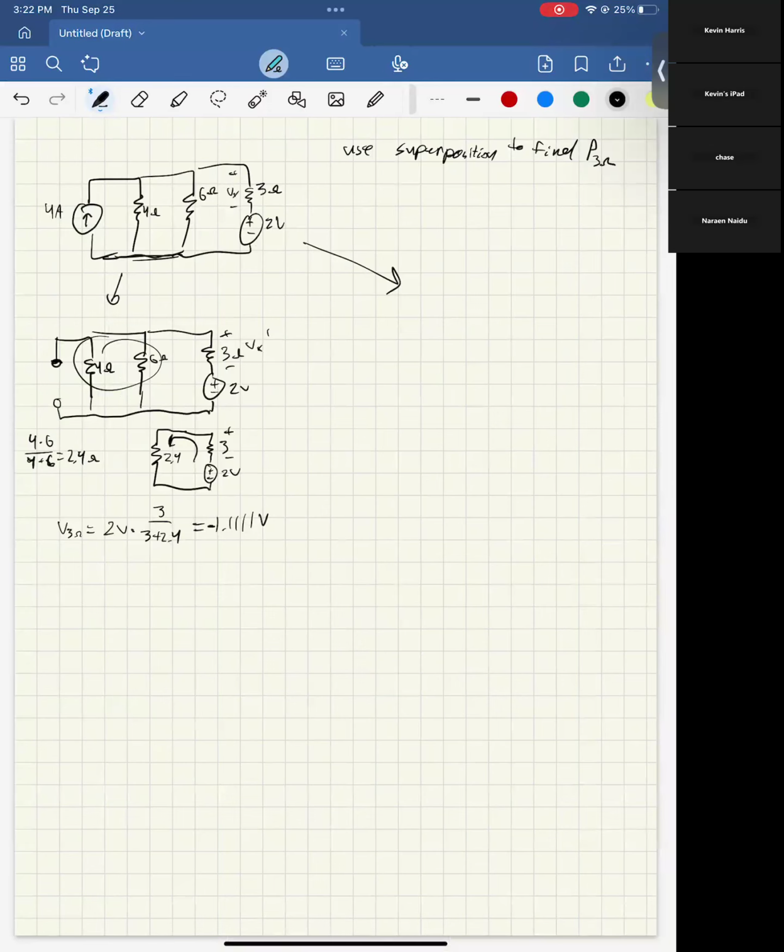On the current side, when we short that voltage source but leave the current source, when I draw those two little dots here, it's just representing that there was a voltage source there, but no longer. One good rule of thumb is you can just combine all these resistors and then find the voltage because they're in parallel.